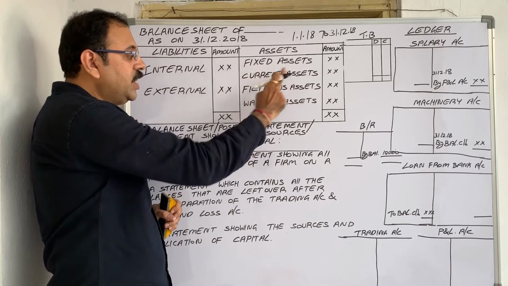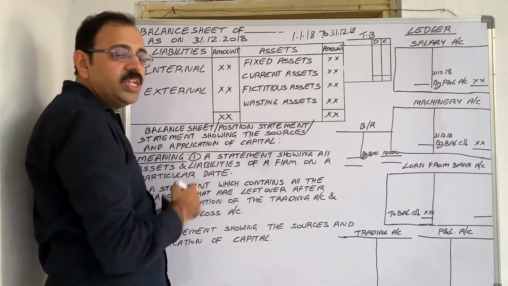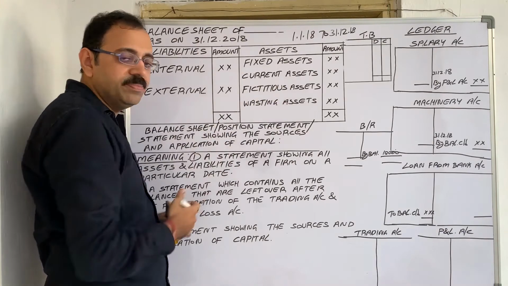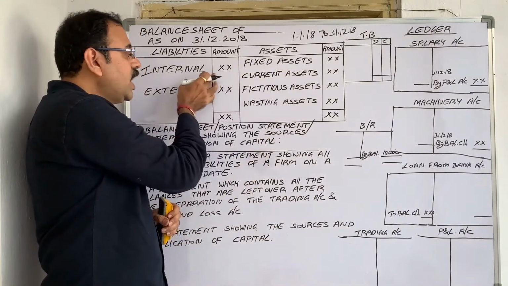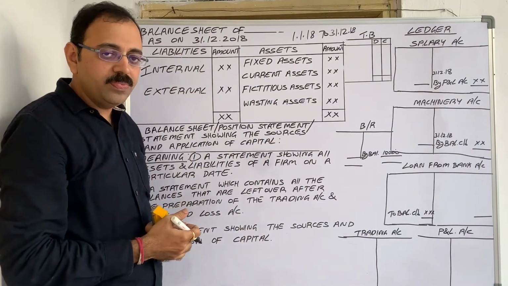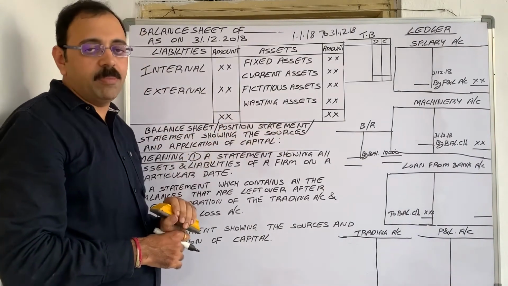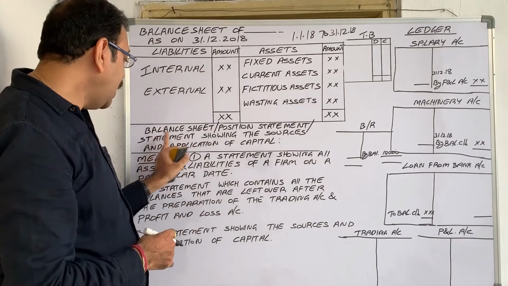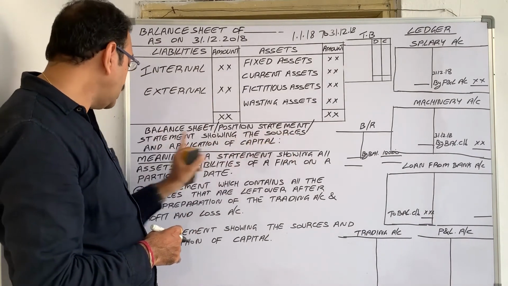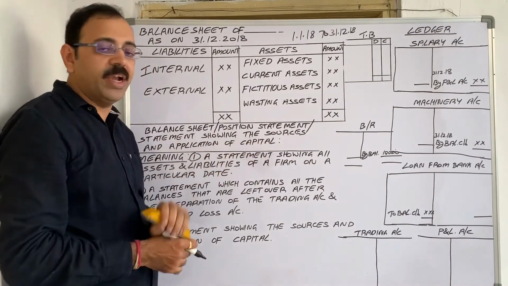Fixed assets, current assets, fictitious assets, wasting assets we should show here. About all these assets and liabilities clearly I explained to you. Balance sheet is also known as position statement or statement showing the sources and application of capital.